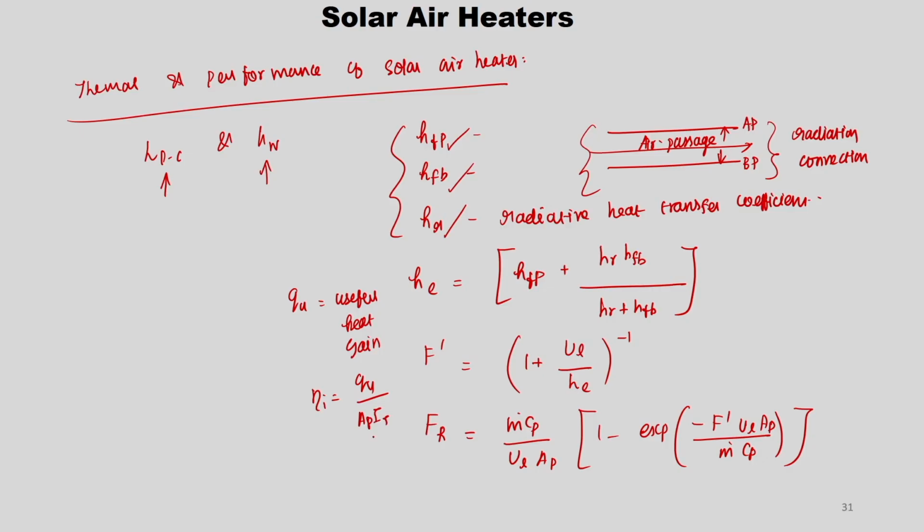This is all derived for this basic design, where you have a glass cover, below which you have an absorber plate, and then a bottom plate where insulation happens. Between the bottom plate where insulation starts and the absorber plate, your air is flowing. So, for this basic simple design, these are all the performance analysis.